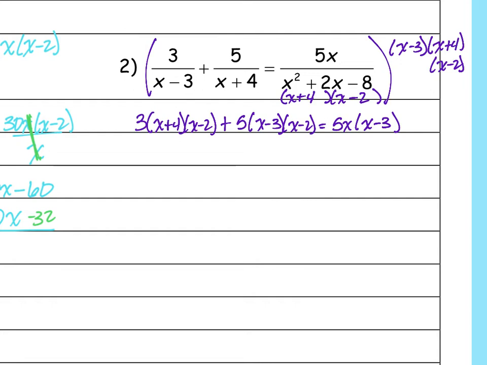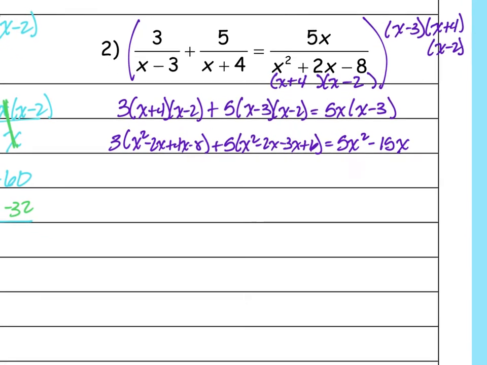So I think I'm going to multiply the parentheses out first and then multiply my number through. So I'm going to do 3 times x squared minus 2x plus 4x minus 8 plus 5 times x squared minus 2x minus 3x plus 6 equals 5x squared minus 15x. Please let me know if I make a mistake.